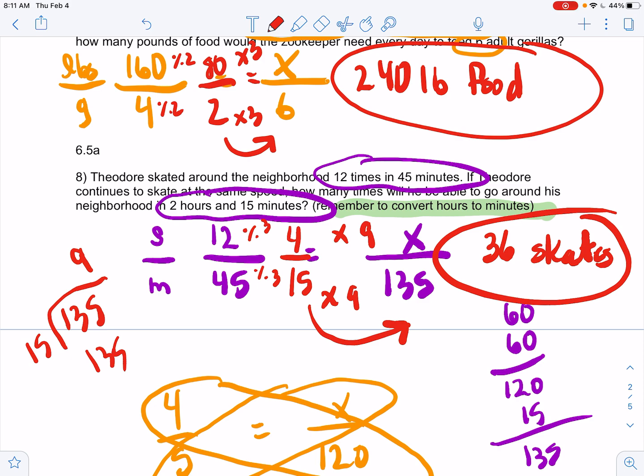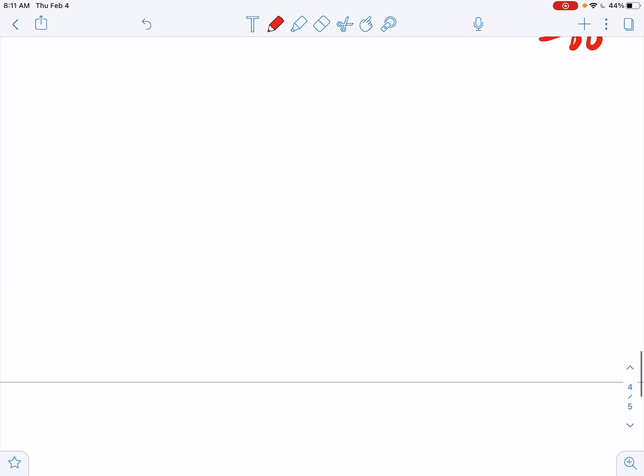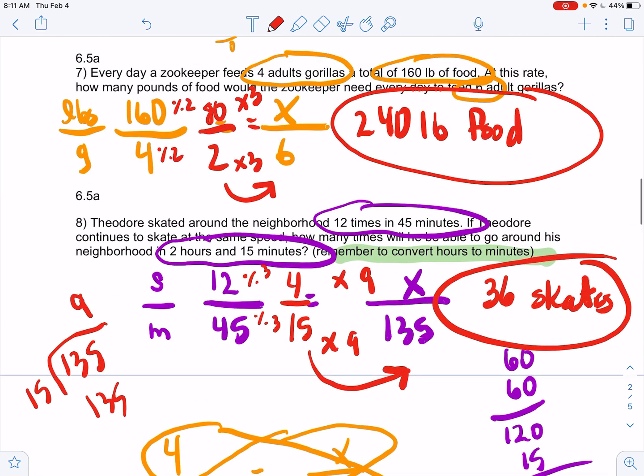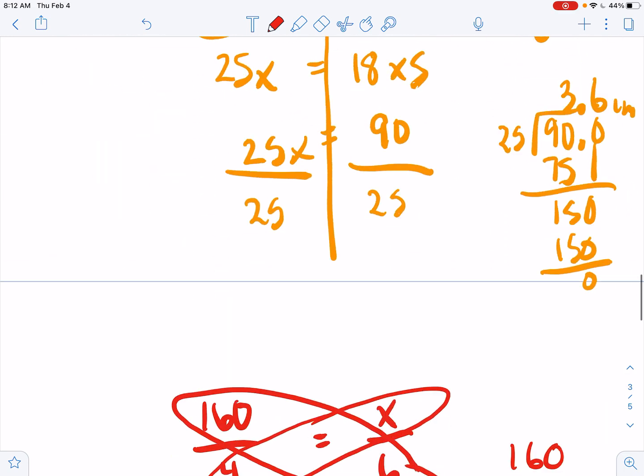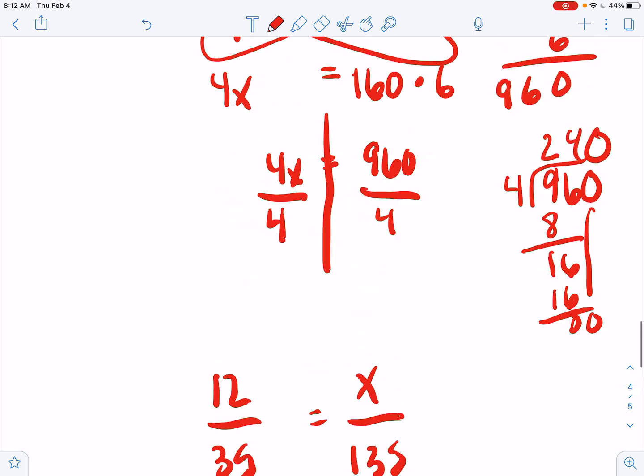If you do not see this, 12 over 45 and x over 135. Is that right?